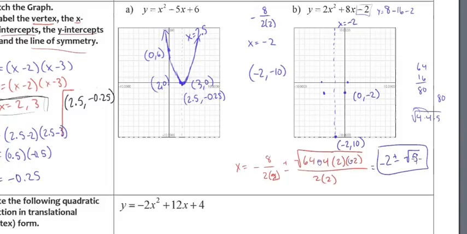But it's not quite as big as the square root of 9, which is 3. And so we're going to start from axis of symmetry, go a little bit more than 2, and a little bit more than 2 to both positive and negative, adding, subtracting. And now we can graph our parabola.